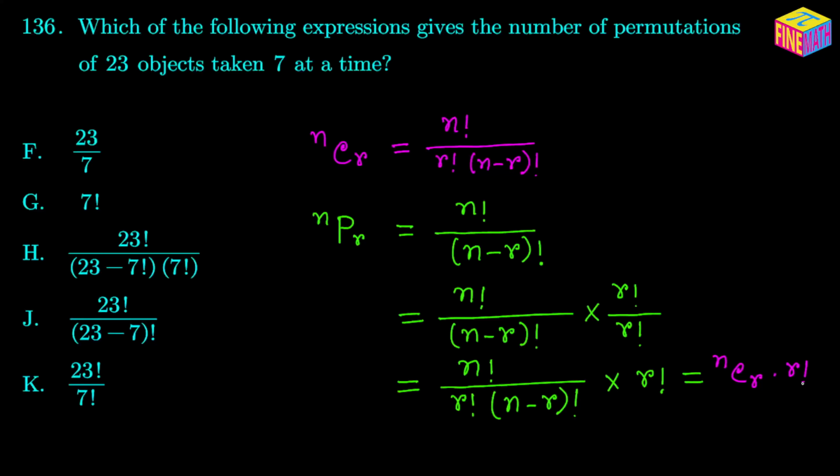So when it comes to determining the number of permutations of n objects taken R at a time, we are essentially talking about selecting R objects from the n objects and then arranging them, right?